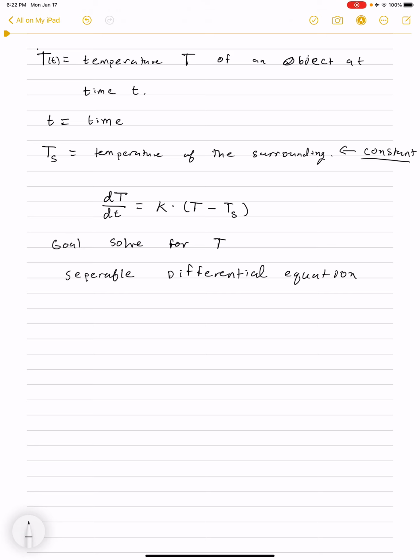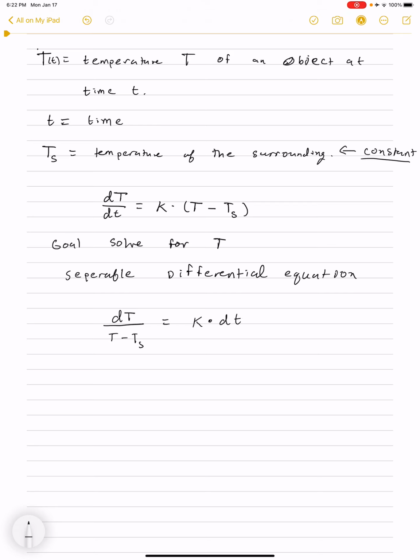Okay, so we're going to treat dT over dt, the derivative of temperature with respect to time, as a fraction. And this leaves us to have dT over T minus T sub s is equal to k times dt.